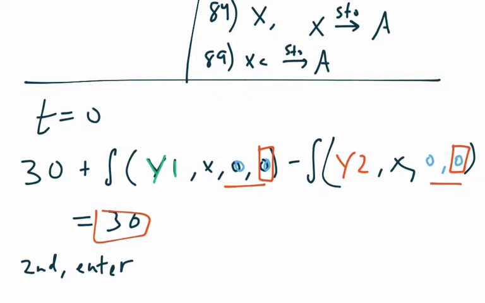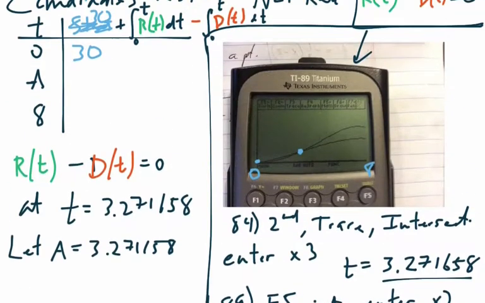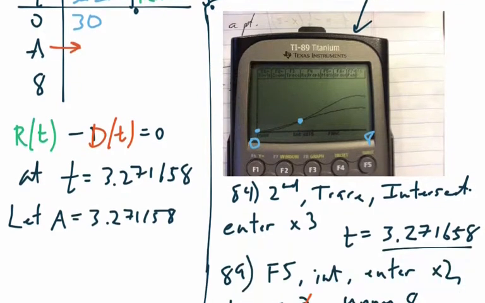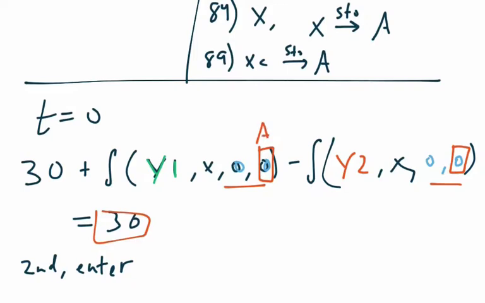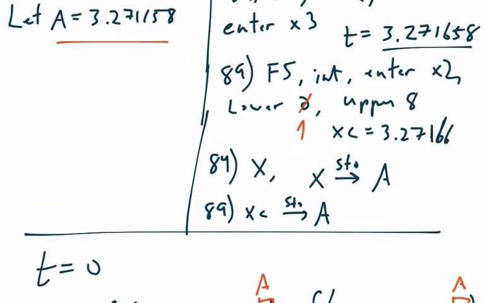What's our limit of integration for this value? It's a, and a was that value we stored on our calculator, so we're just going to type alpha a for those two. So when I do that, I should get 27.9646.